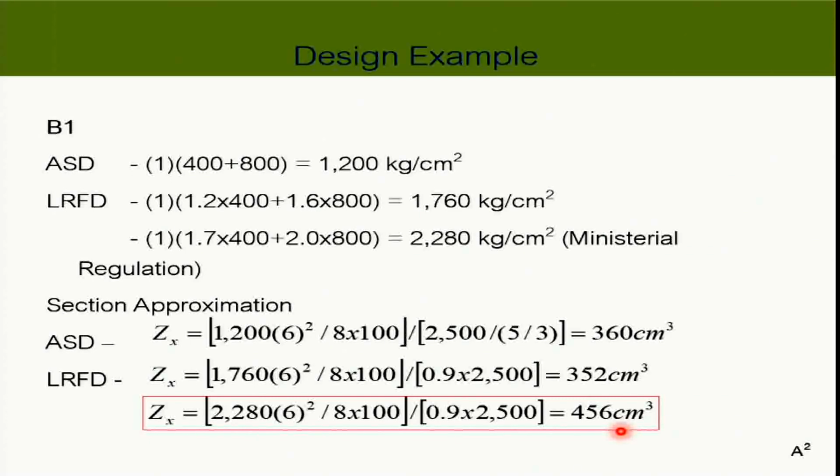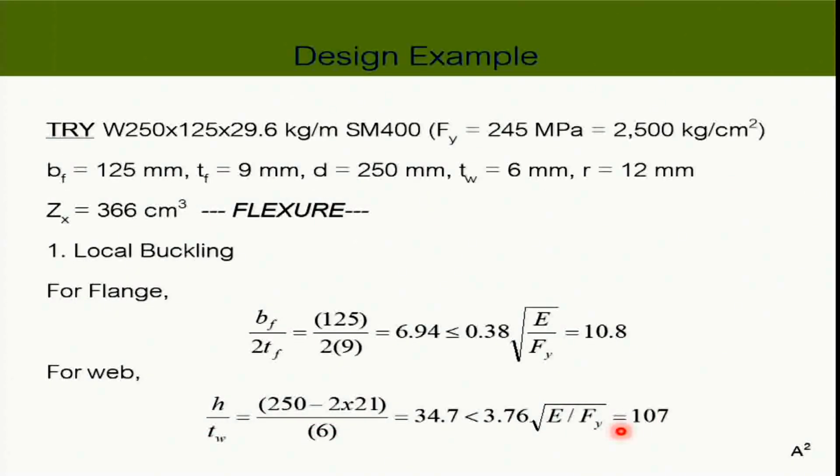All right. So I can select the section from the table, make sure that my plastic section modulus exceeds that number. It's 366. I love to cut it close, it's kind of fun. And after I have the section, I better check local buckling on the flange and the web, making sure that both my flanges are compact.